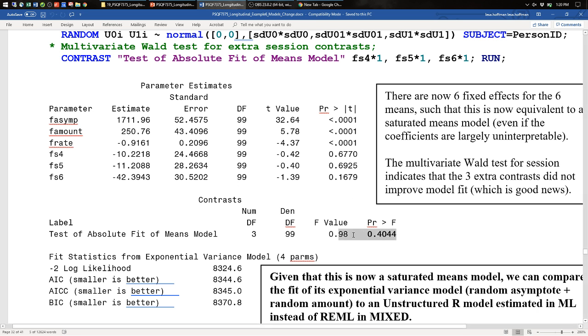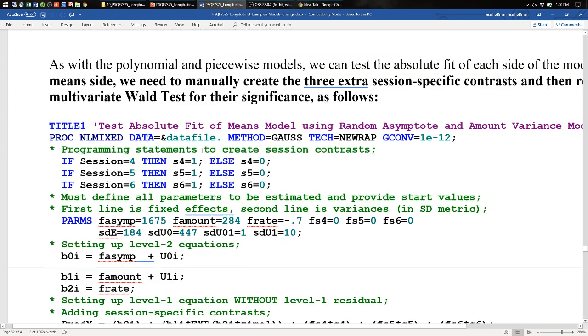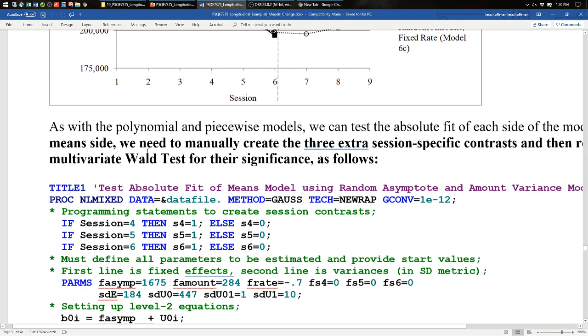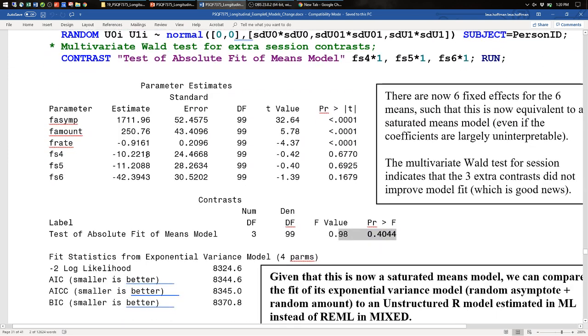So the set of 3 contrasts are non-significant, which means my exponential model, this one, is not significantly different than these 6 means. Neither was the piecewise slopes model. The only one that was different was the quadratic. That one didn't fit. So I have 2 options in terms of model for the means that would be plausible to continue with forward.